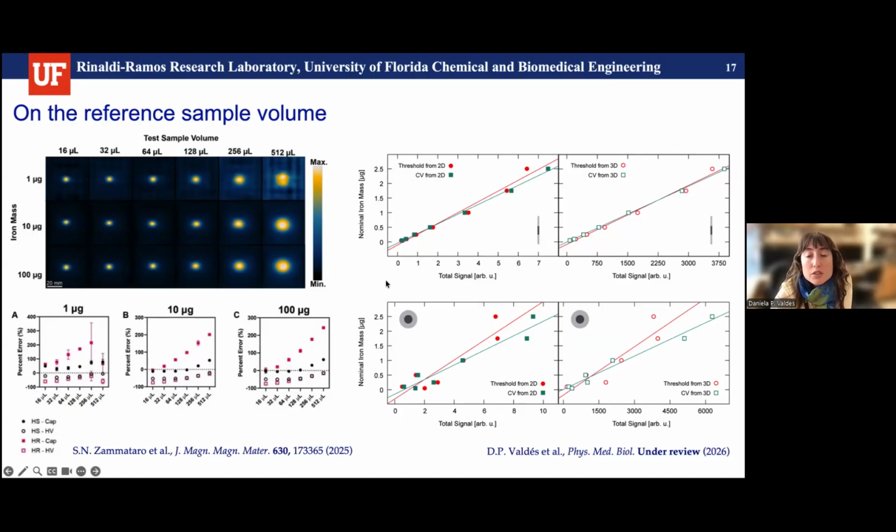So this means if you want to quantify a signal coming from a very localized spot, you need reference samples for your calibration curve that have similar volumes. And when you are trying to quantify more spread out signals, like in the flank, you need a volume that is similar to that cavity.